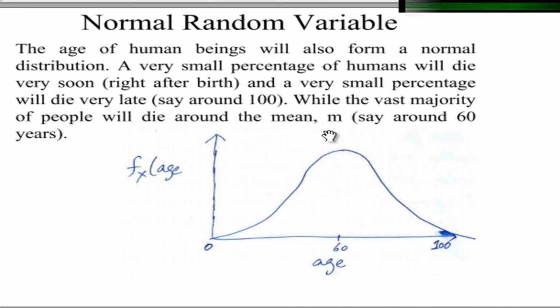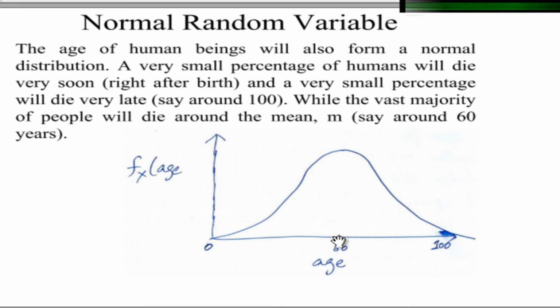The age of human beings will also form a distribution. A very small percentage of humans will die very soon, and a very small percentage will die very late, while the vast majority of people will die around the mean, say around 60 years. Around this mean most of the people will die, and the life expectancy is very low after it.